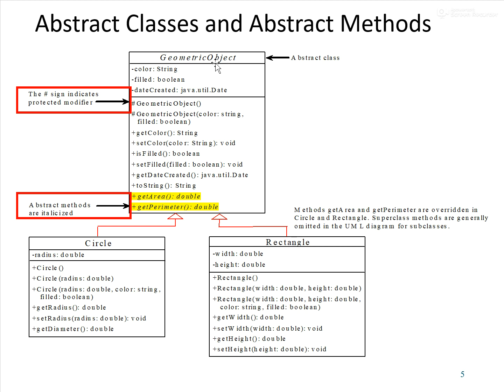Look at the way we have written geometric object up here and the way the names of the classes circle and rectangle appear down here. The difference is in the font. If the name of the class appears in italics, that means that class is an abstract class. So in here that would be geometric object.